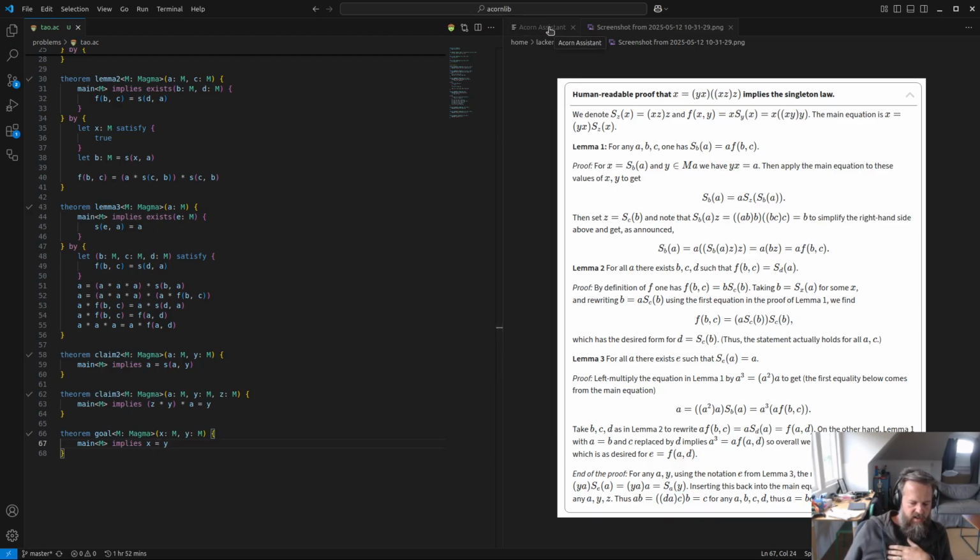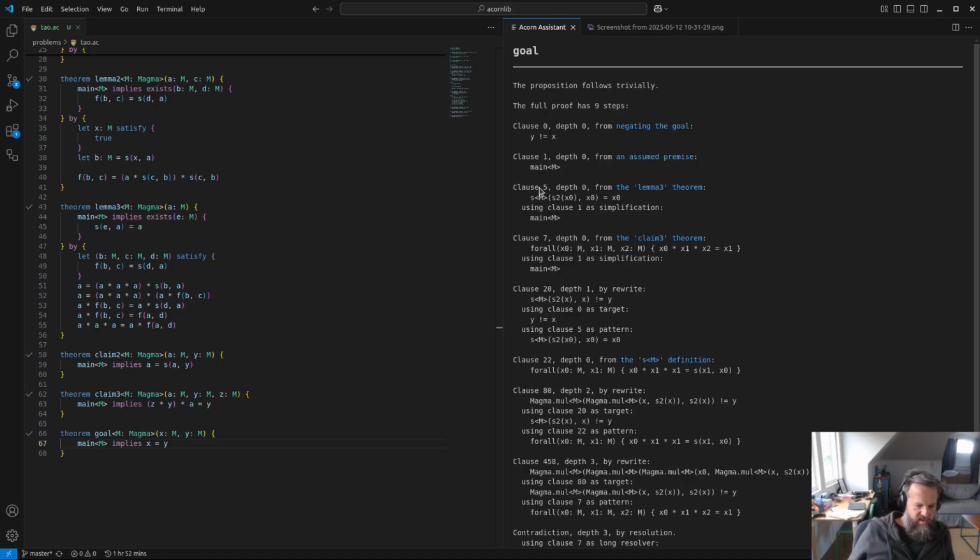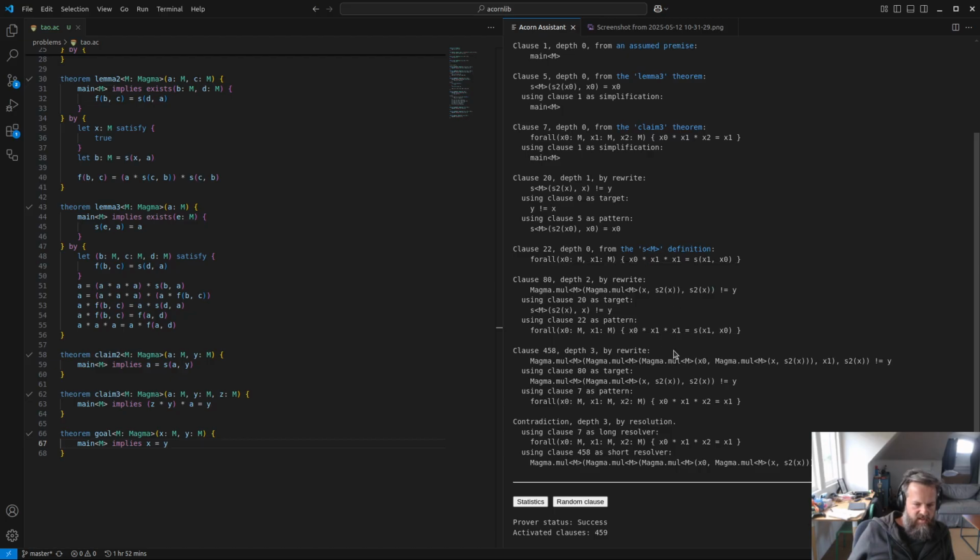That's because a human reading this proof will infer all these little details, and the Acorn prover will also infer all these little details. If you want to see them, you can go to the assistant and see, okay, proving the goal, it uses lemma 3, it uses claim 3, it uses the definition, and you can see all these steps for what it rewrites. This is ugly and it should be cleaned up, right?